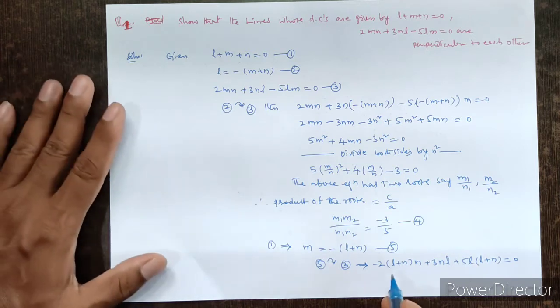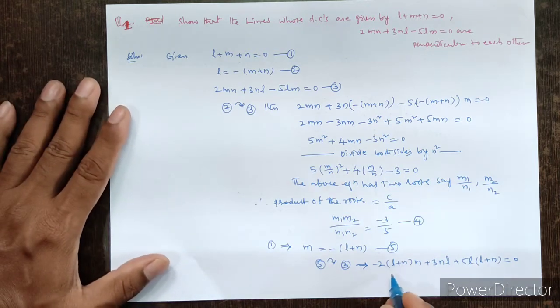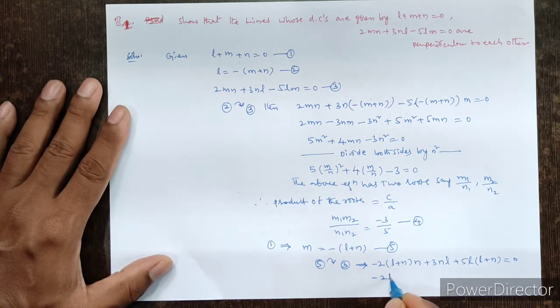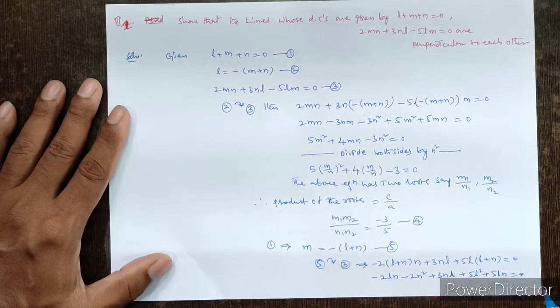So simplifying, minus 2ln minus 2n square, plus 3nl, plus 5l square plus 5ln equal to 0.